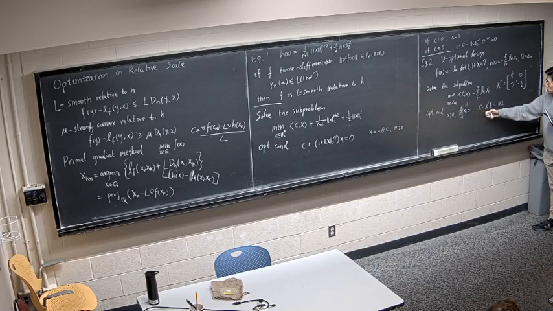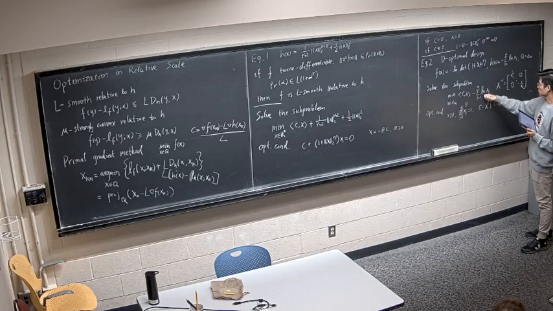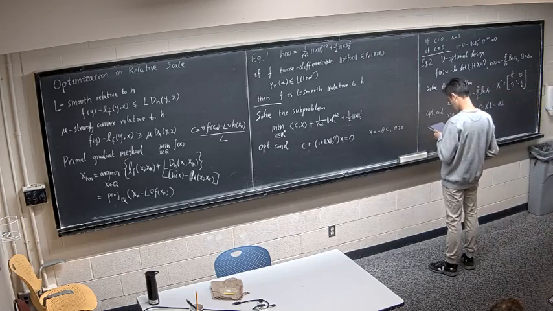So this is a matrix. This is a vector addition. This is also a vector. This is the first order optimality condition of the Lagrange function, setting the gradient to be 0.